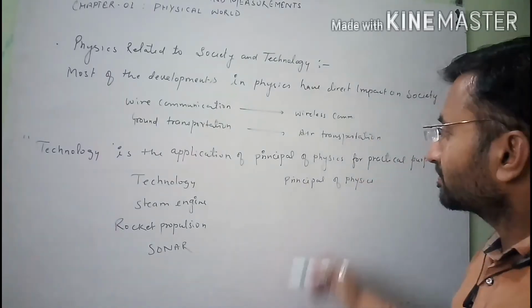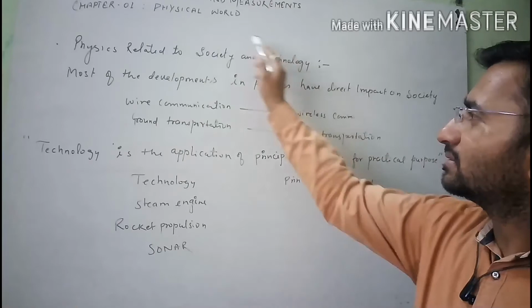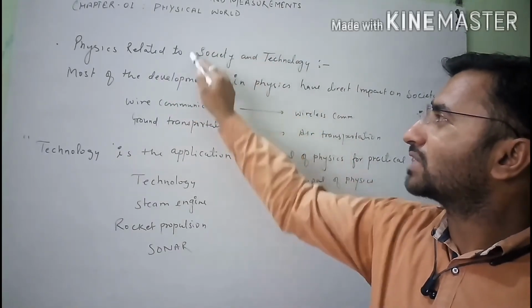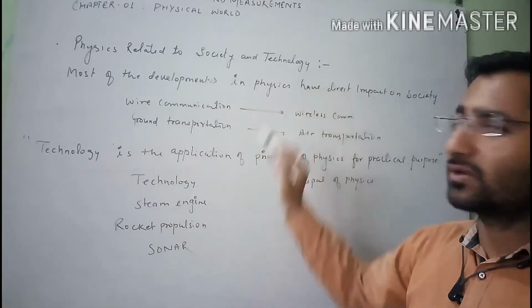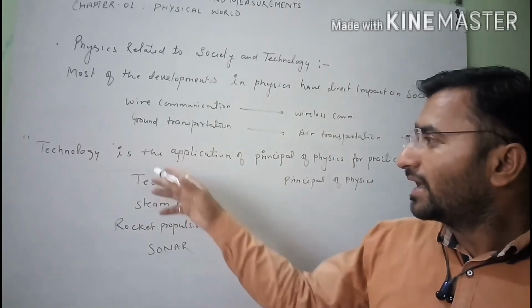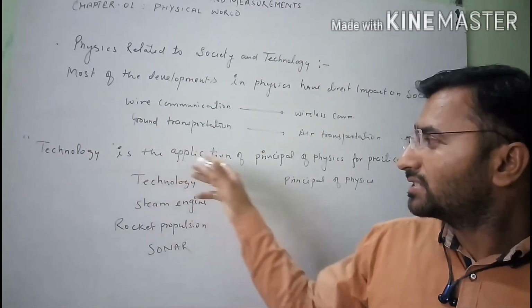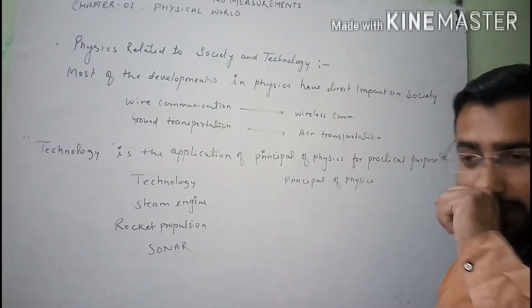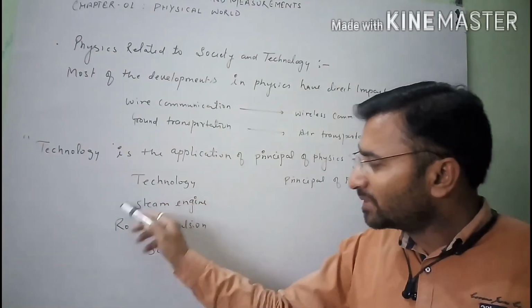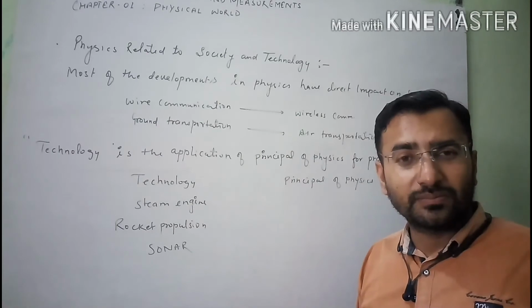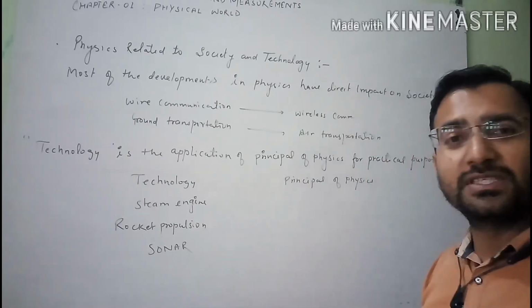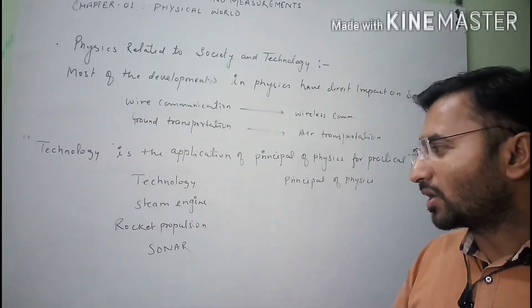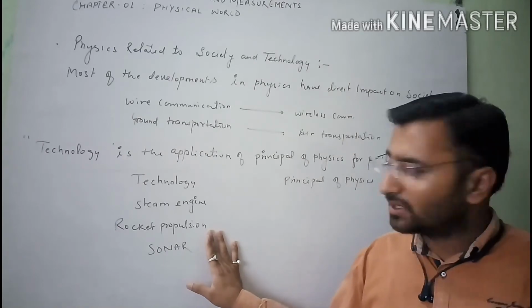So students, after the physics related to society, I will write here technology. As I have written here, technology is the application of the principles of physics. It means that the steam engine is a technology. It is based on the principle of thermodynamics. Rocket propulsion is a technology.